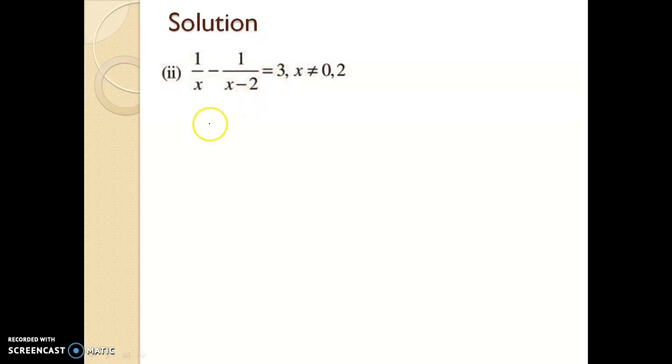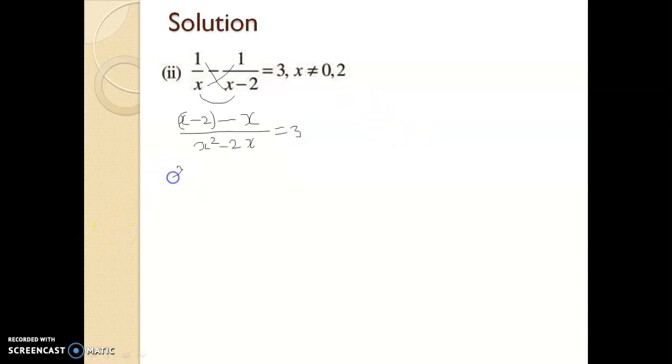Right, look at the next one. Here 1 by x and 1 by x minus 2, the two terms are there, but the denominators of both terms are different, so we need to take LCM here. Instead of taking LCM, we can make a cross multiplication. If you make a cross multiplication here, 1 into x minus 2, so x minus 2, then minus 1 into x, x, and whole divided by, if you multiply these two, x square minus 2x, and equal to 3, so write 3 here.